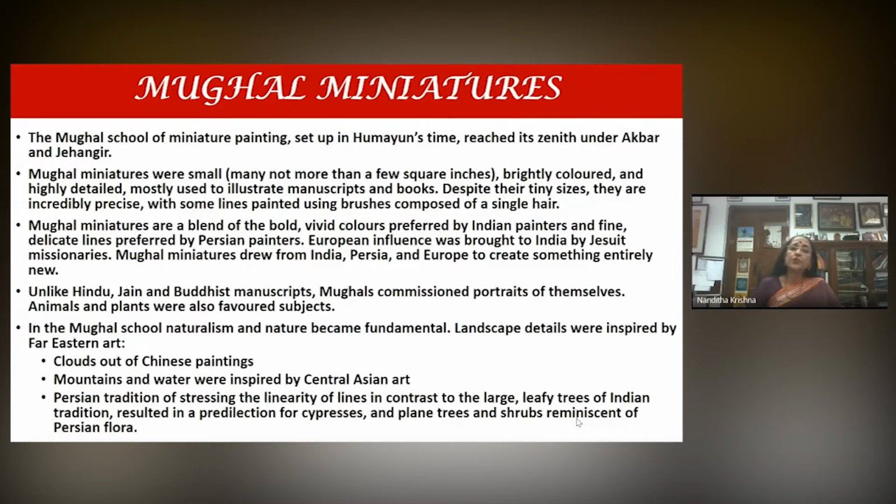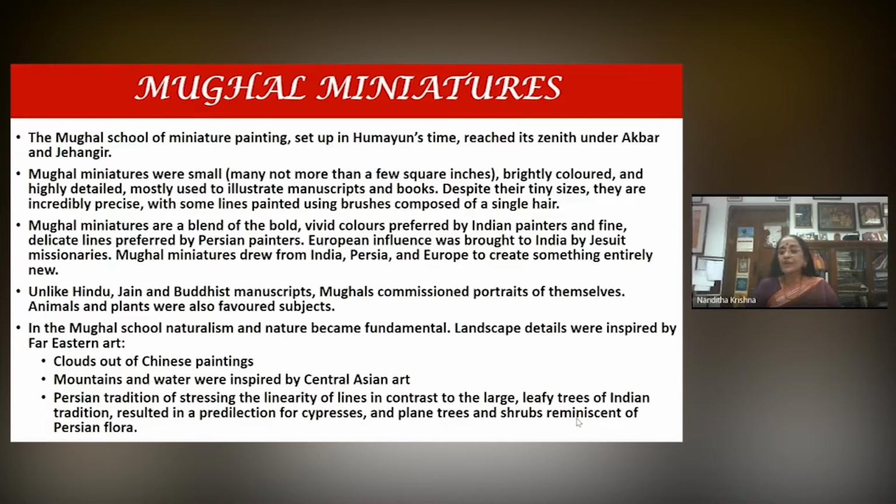They're a blend of the bold, vivid colors preferred by Indian painters and the fine, delicate lines preferred by Persian painters. You also find European influence, which was brought to India by Jesuit missionaries, especially the Italians. Mughal miniatures drew from India, Persia, and Europe.